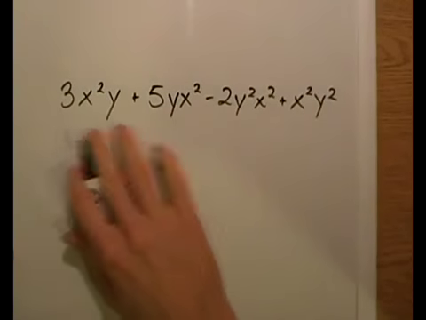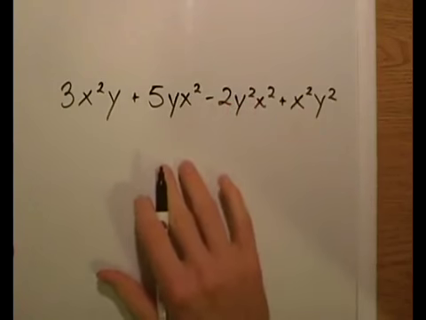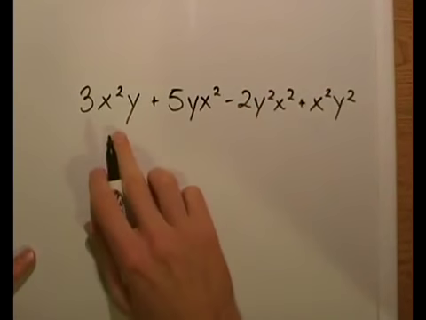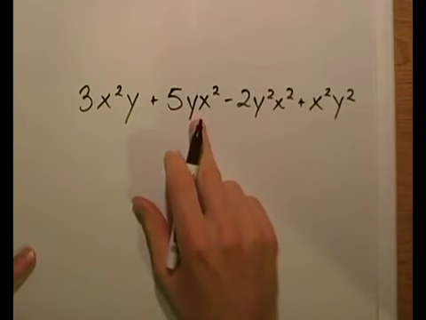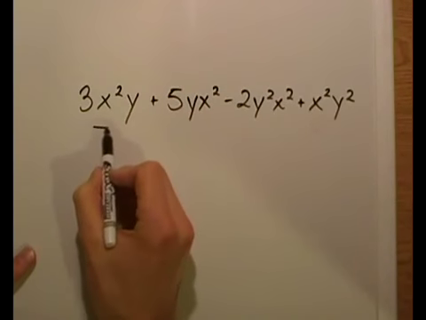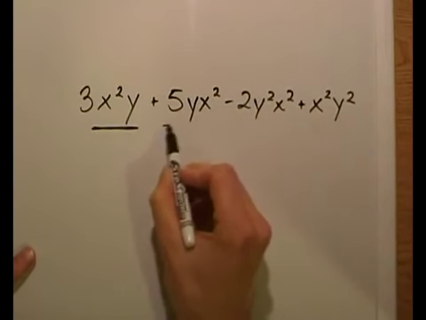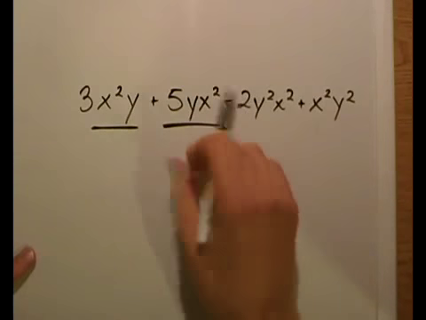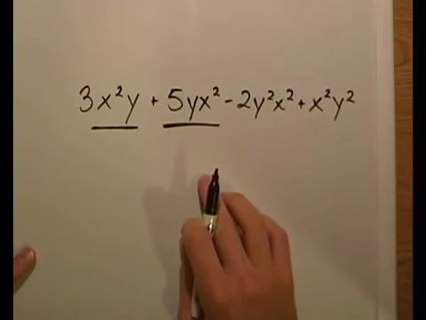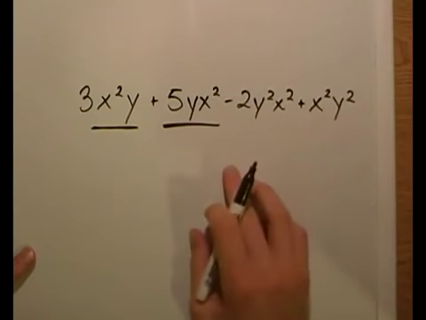Something to keep in mind here, or watch out for, is expressions that look the same but are in different orders. So this expression and that expression look kind of similar, right? But they're flipped around. They're in a different order. So what do we do about that?